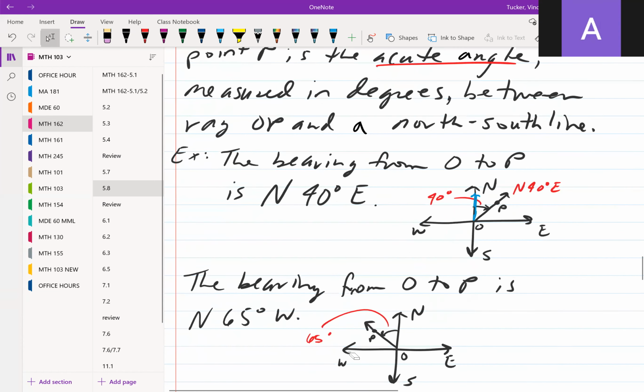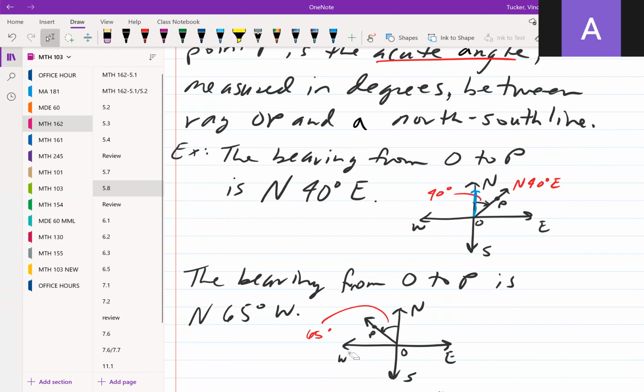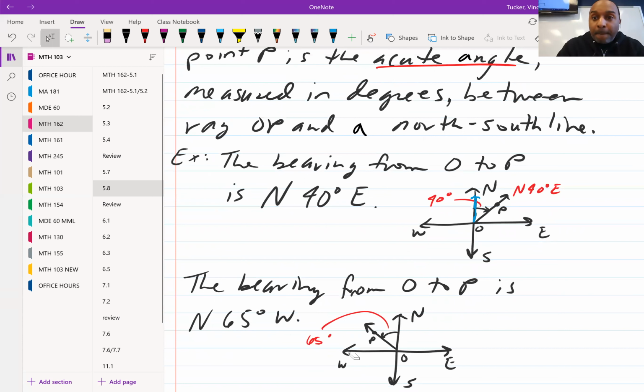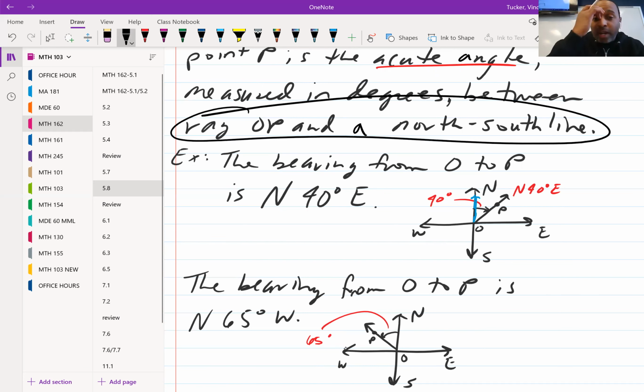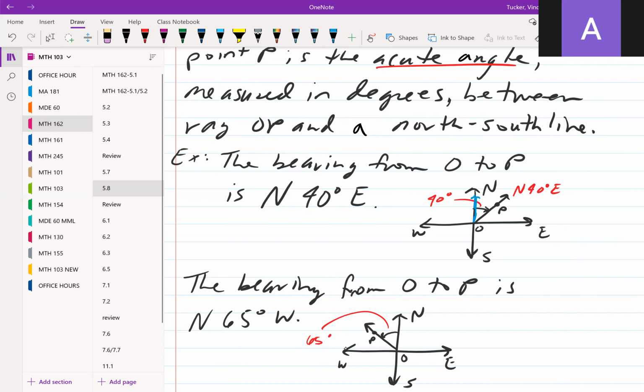Oh, got one right there. What does the last line say in the definition? The one with the north and south line? Talking about this red right here? Yeah. Ray OP. Oh, okay. Thank you.